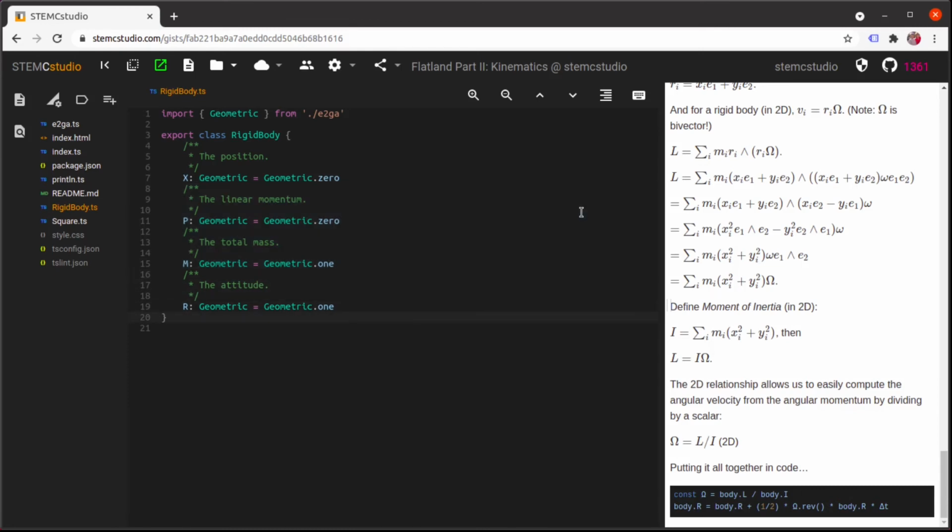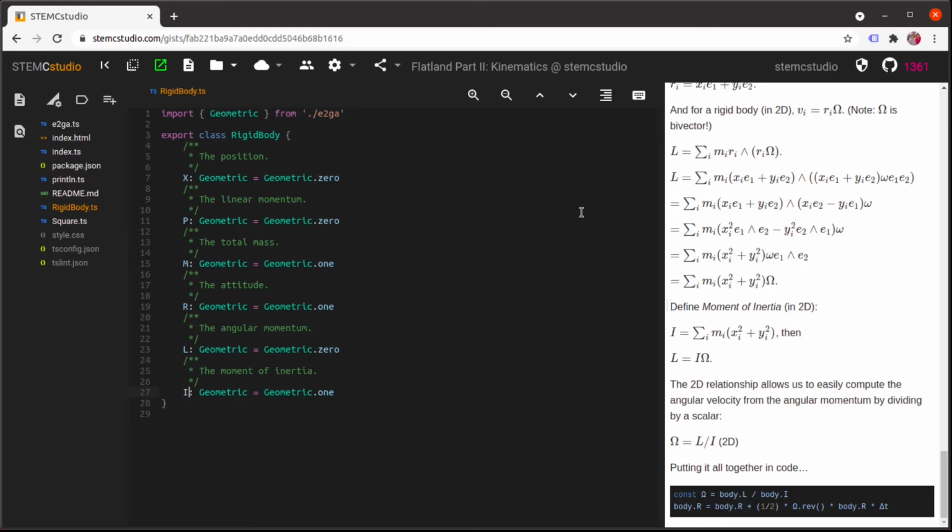In the same way that we added these properties to make the rigid body move along, what we want to do now is add angular momentum to keep track of the angular momentum of this rigid body, and that is going to have the symbol L. And then we want to have the moment of inertia, and we'll give it the symbol I. Not to be confused with the fact that we sometimes use I to represent what we call the pseudoscalar of the space, which is E1, E2.